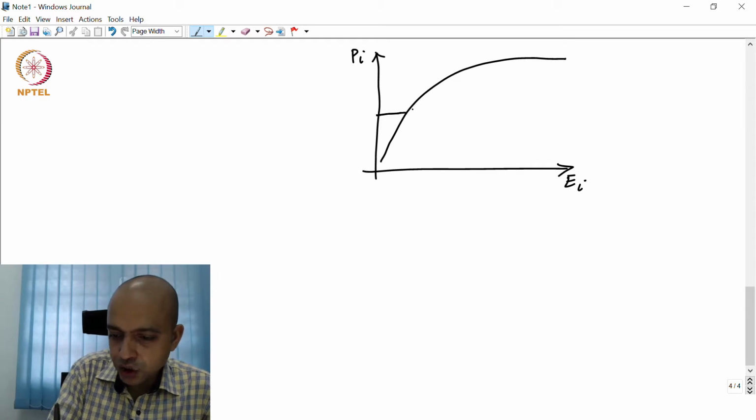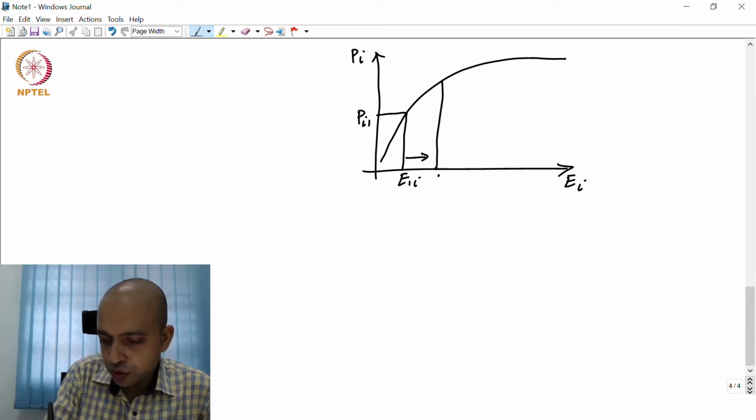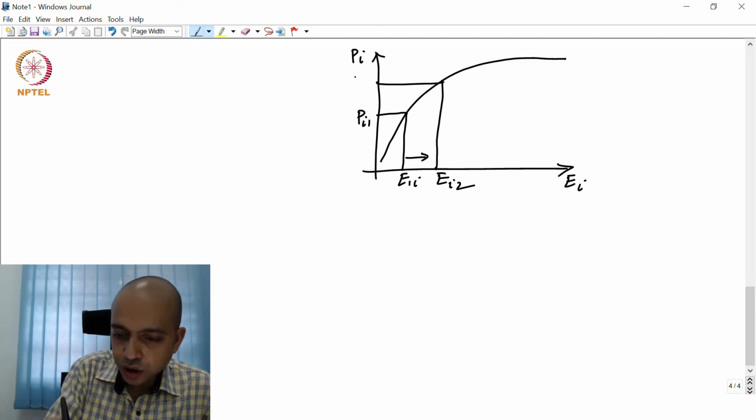Initially, environmental quality is EI1 and housing price is PI1, and then environmental quality improves from EI1 to EI2, for which this is PI2.